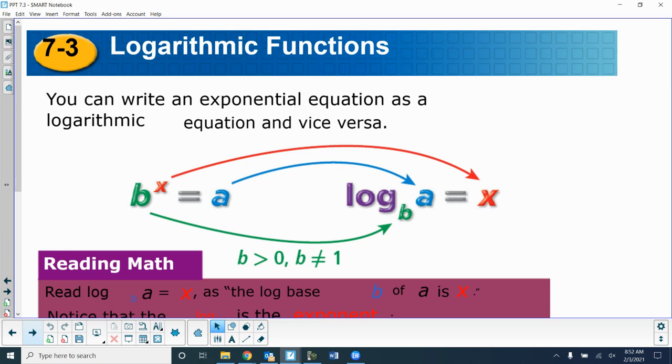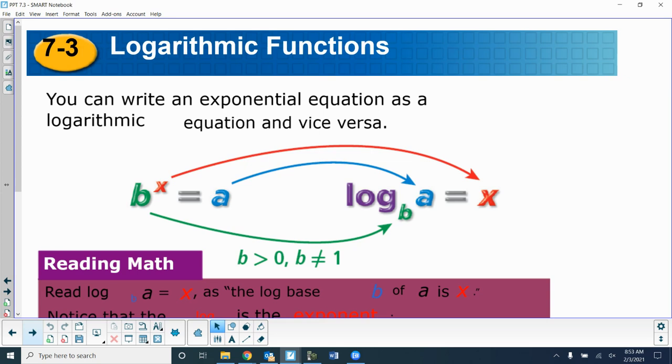Positive, yes. Numbers bigger than 0 are positive numbers, right? So our bases will be positive, and our base will never be 1, because 1 to any power is 1, right? So we'll never have 1 as a base.